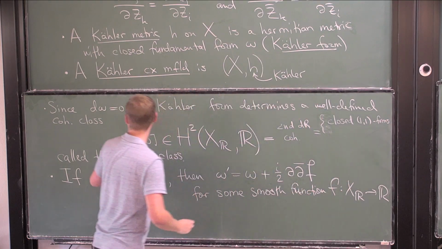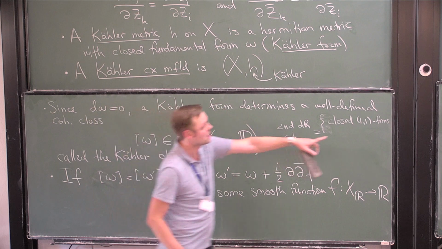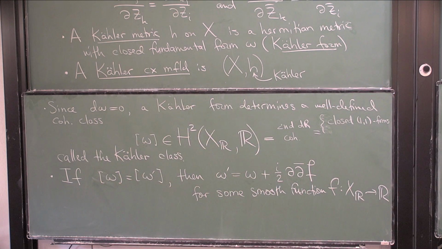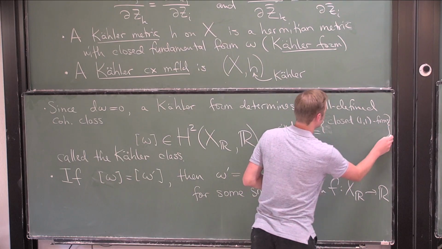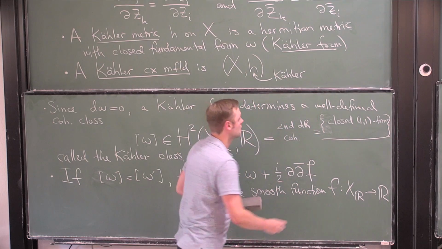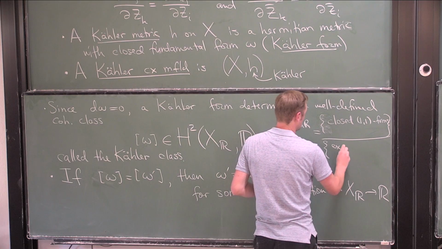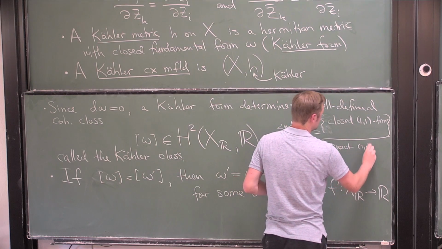Like what we have with omega, it was a 1-1 form, and I required that it's closed, up to exact 1-1 forms.